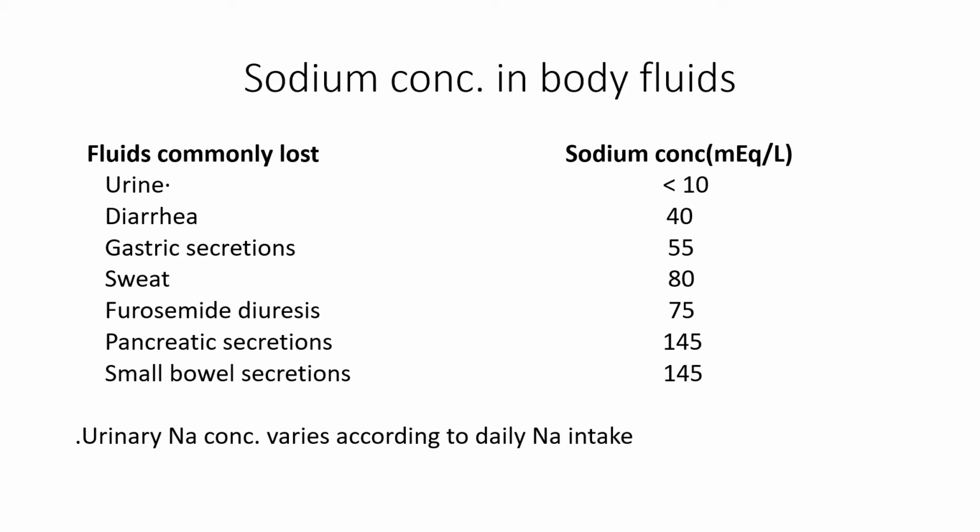The diarrhea is 40. The gastric secretions 55. Sweat is 80, furosemide diuresis is 75, and finally the only secretions which are isotonic, which have sodium concentration similar to the plasma, only the pancreatic secretions and the small bowel secretions.